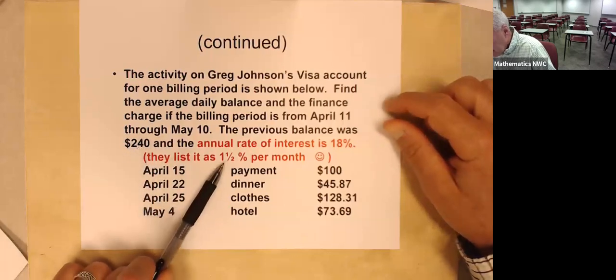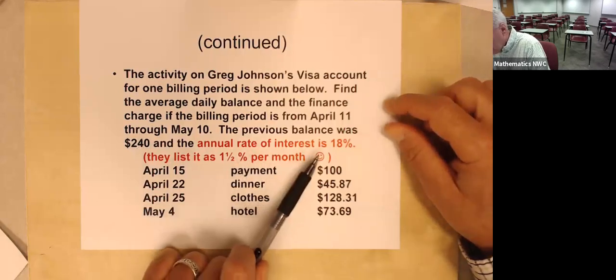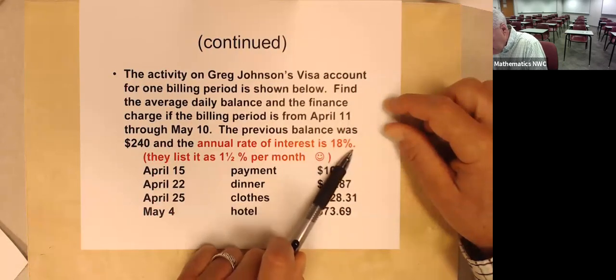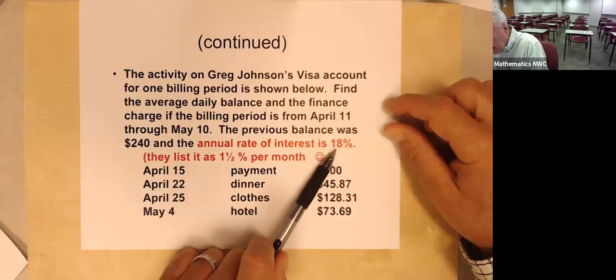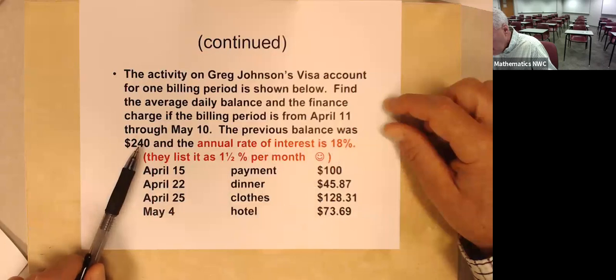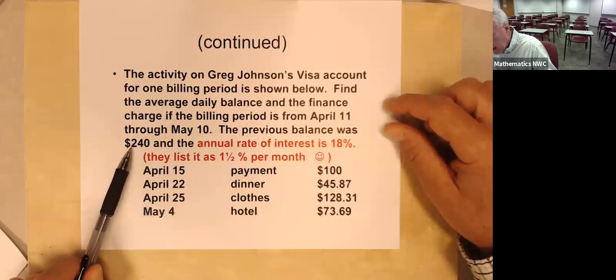They list it as 1.5% interest per month. But remember, 1.5% interest per month is actually 18% interest per year. That is a ridiculously high interest rate. If you are carrying balances over, they are charging you a ridiculously high interest rate on that balance.